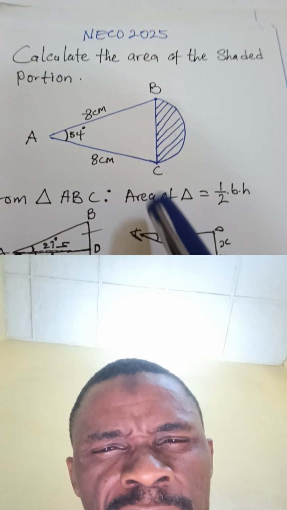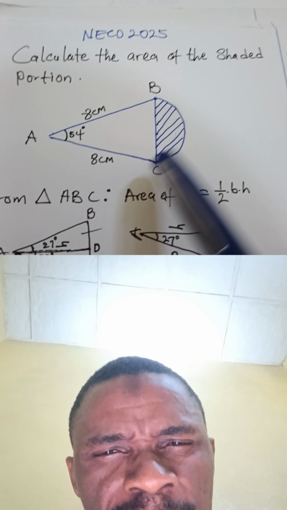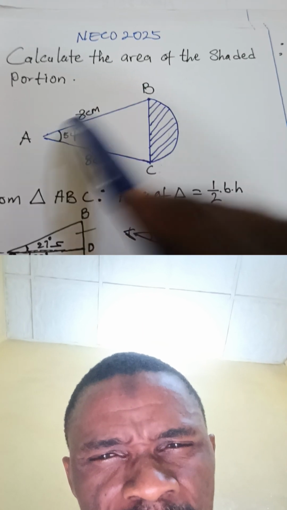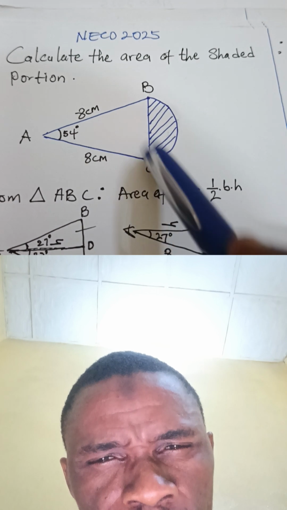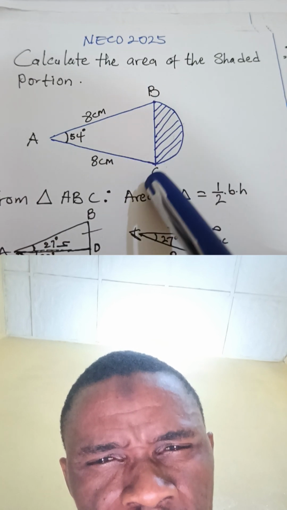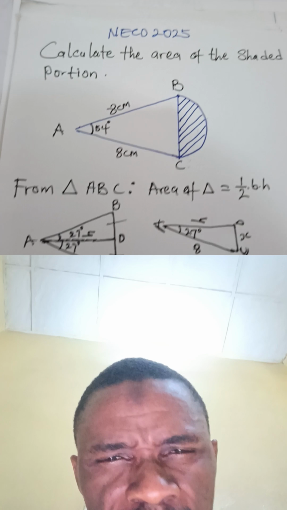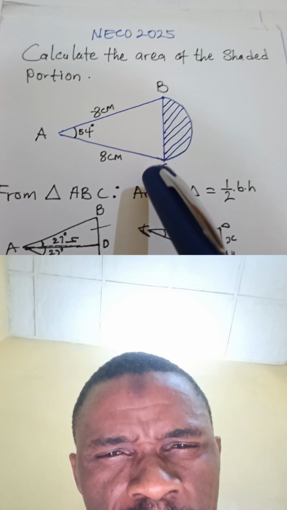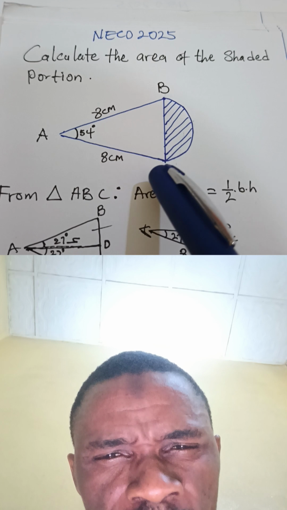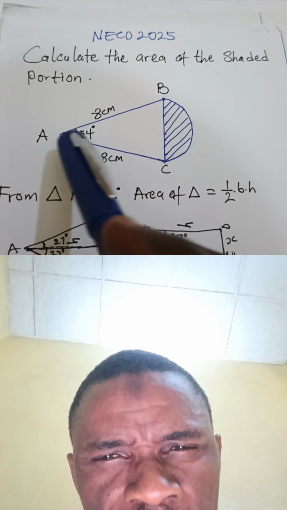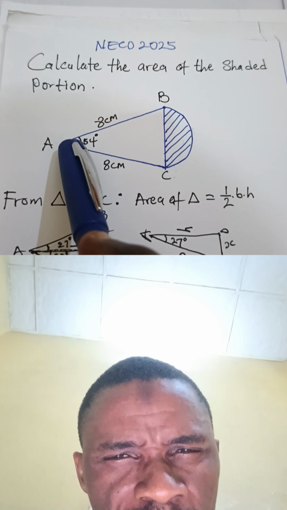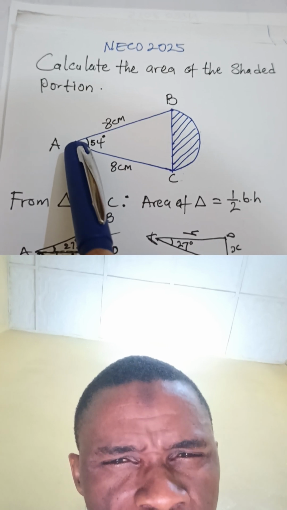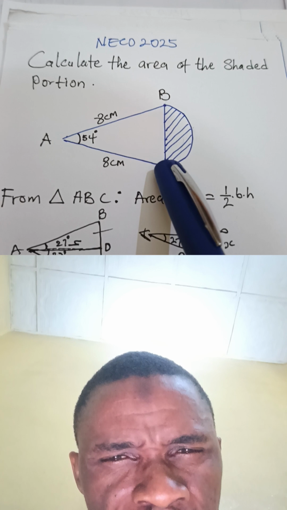Now, when you look at a sector, you have an arc and at the same time a triangle. A triangle ABC. I just target triangle ABC. Now, when you look from here to this place, that is the radius of that circle because it touches the circumference.